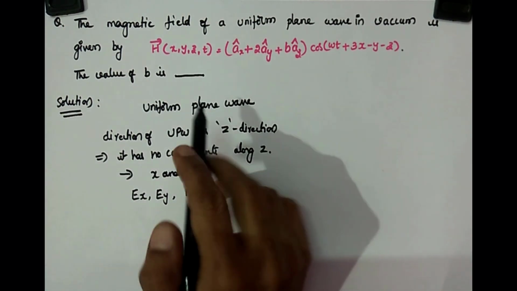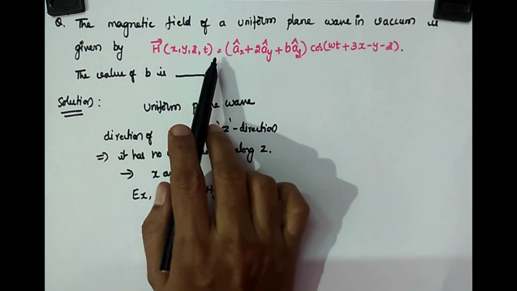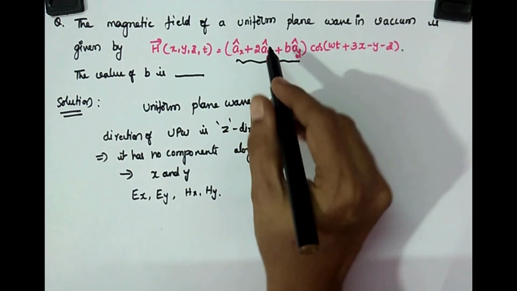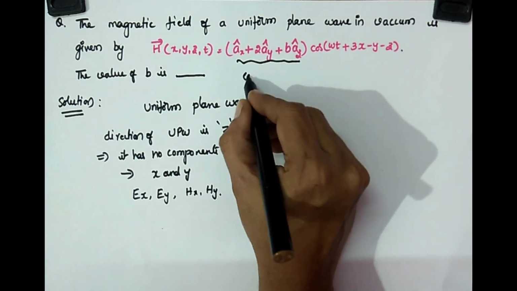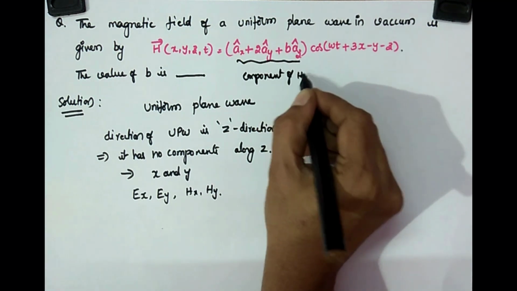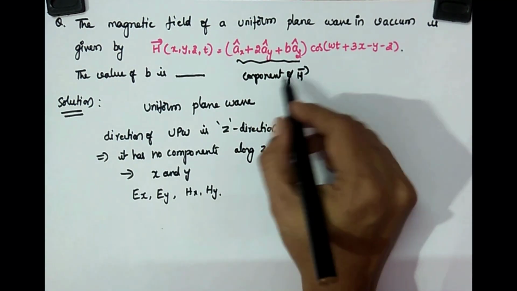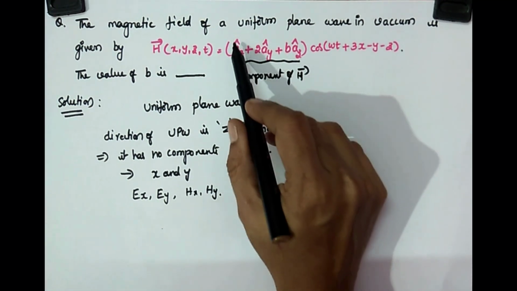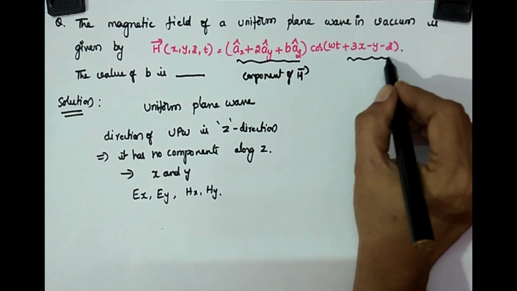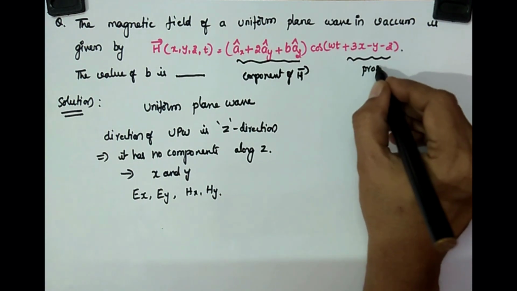Now if you see the given magnetic field vector, this represents the component of h bar, and here this represents propagation.